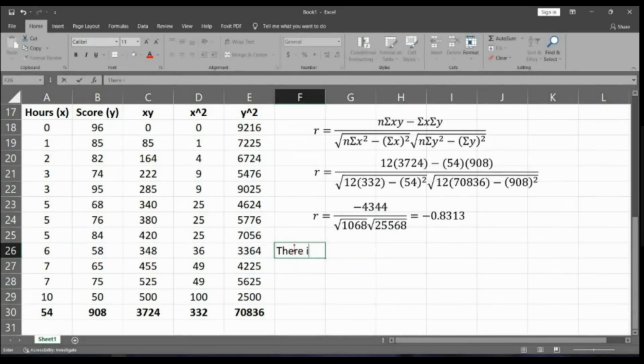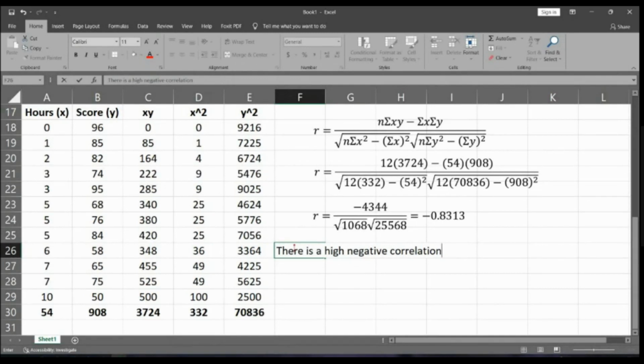There is a high negative correlation between the two variables, but this time I would like you to be very specific now. What are the two variables?